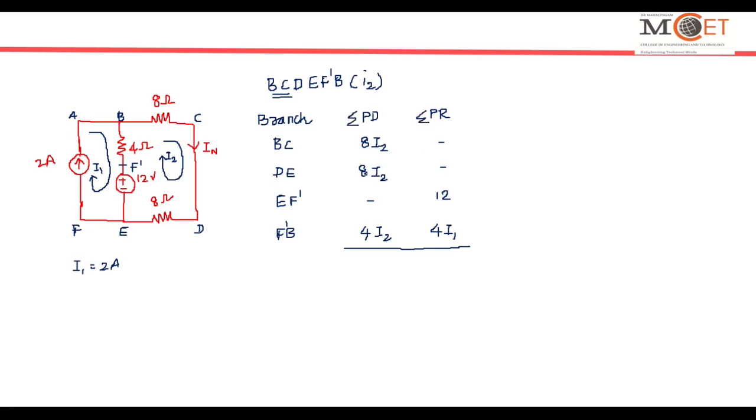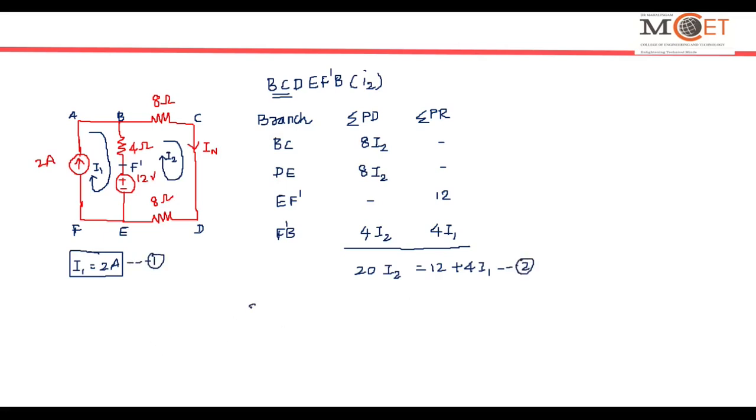So 8 plus 8, 16 plus 4, 20 I2 is equal to 12 plus 4 I1. I1 we have already calculated. Let me have this as equation 1 and this as equation 2.